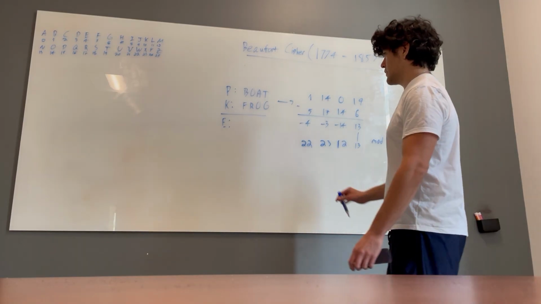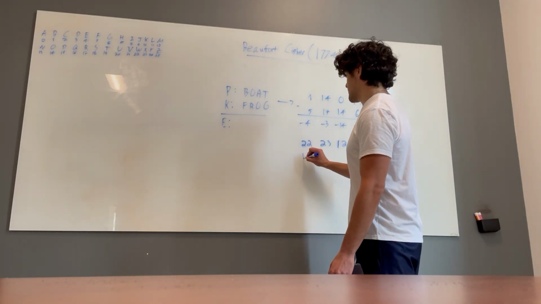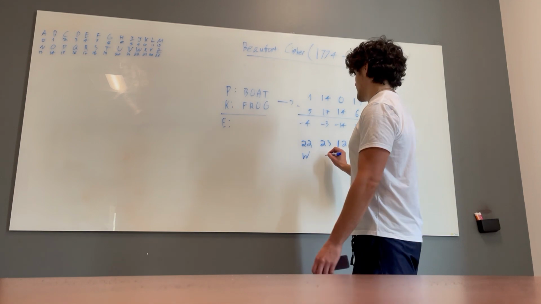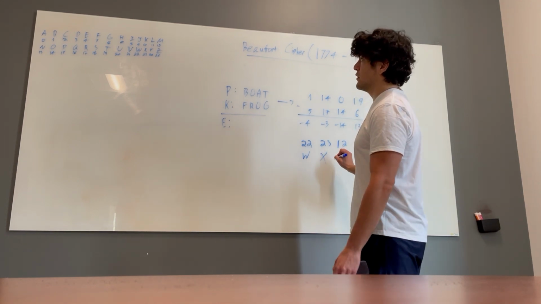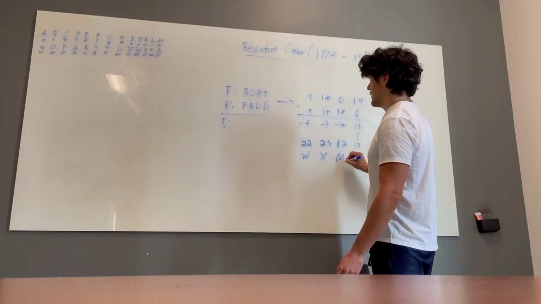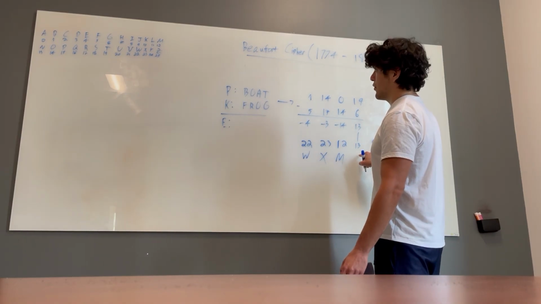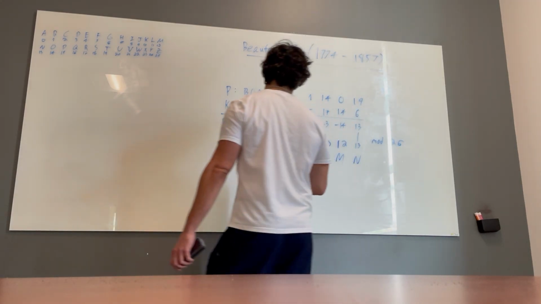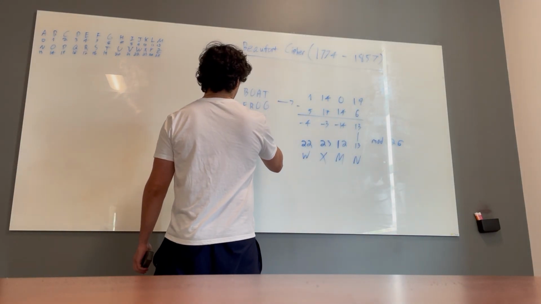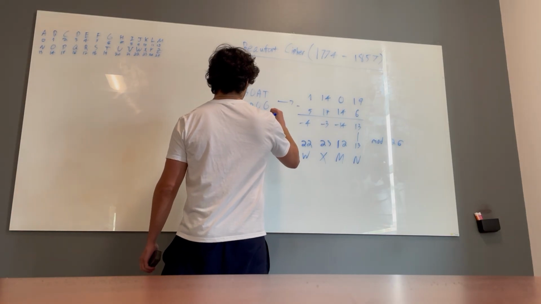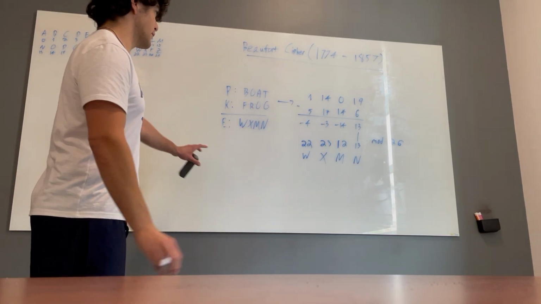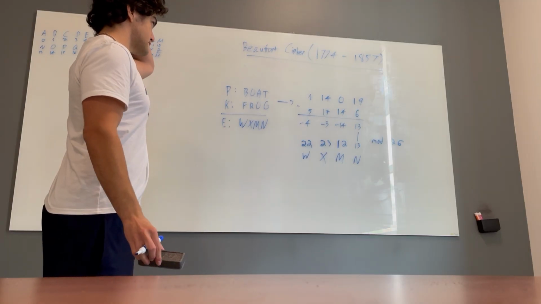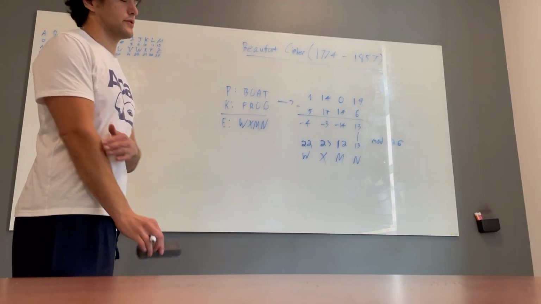So 22 maps to W, 23 maps to X, 12 maps to M, and 13 maps to N. And this is how we encrypt this. Yes, this is how the Beaufort Cipher works.